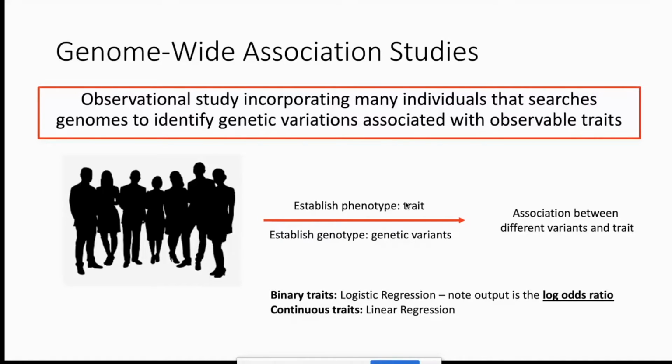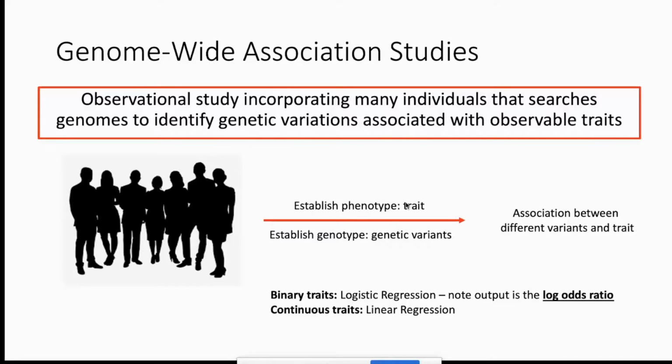I have diabetes or I don't have diabetes. The regression we use is a type of regression called a logistic regression. And the output of this model is the log odds ratio of type 2 diabetes given a certain SNP.